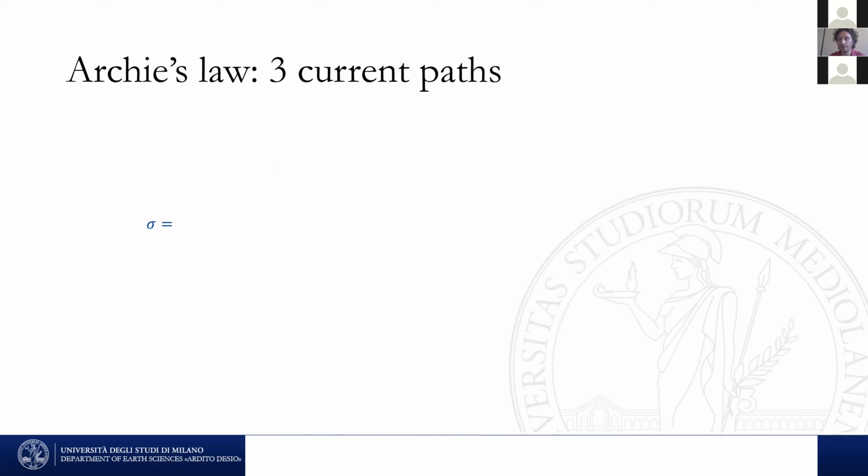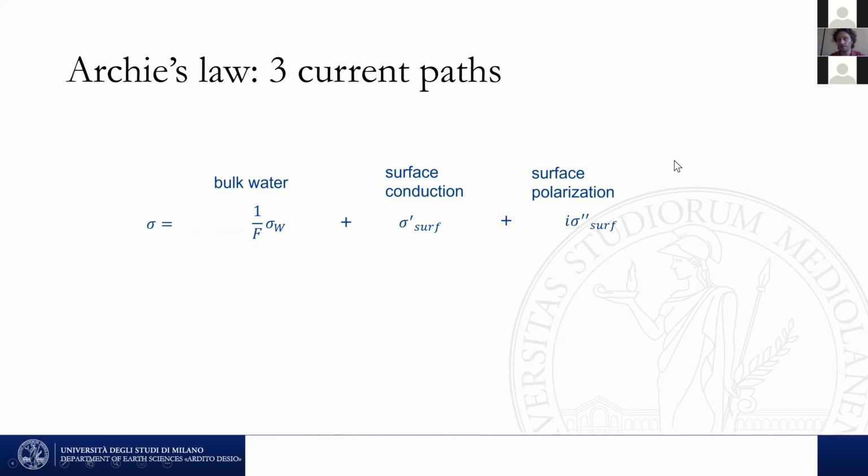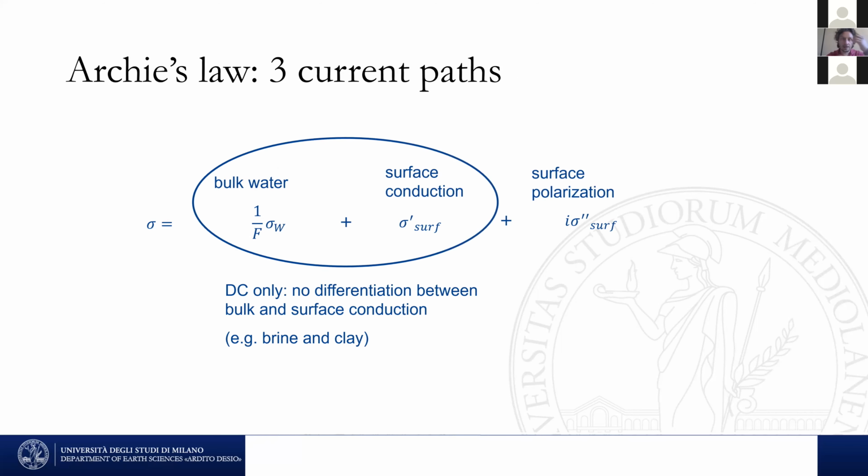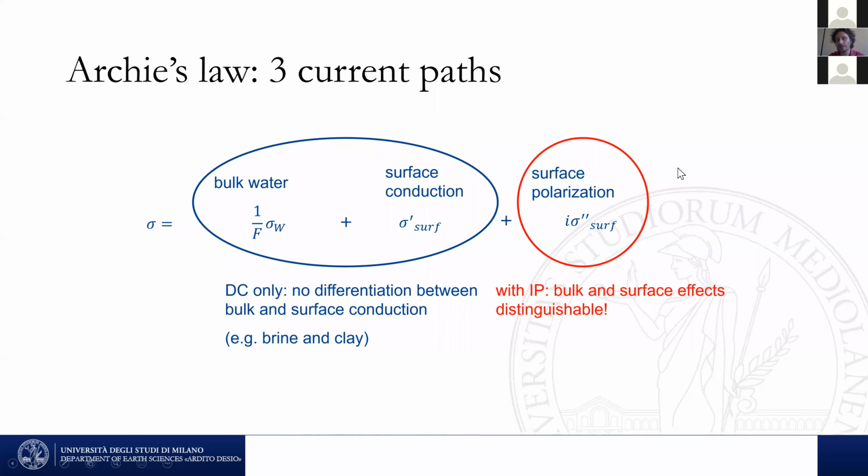In any case, with all these possible sources of polarization, we can think that our total conductivity in the ground is the bulk conductivity through the ions in the solution, the surface conduction plus the surface polarization. And this means that usually when we do galvanic measurements, we measure the combination of these two when we do only DC measurements, while we can access the surface polarization by measuring IP.